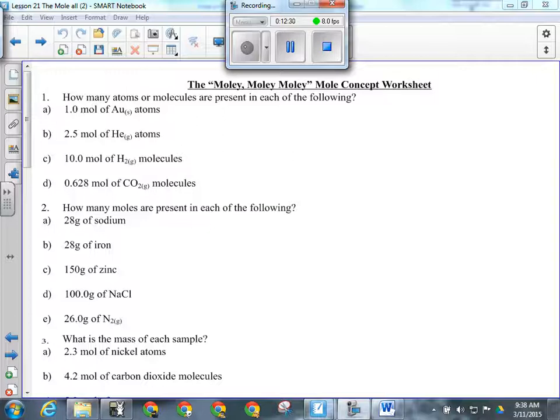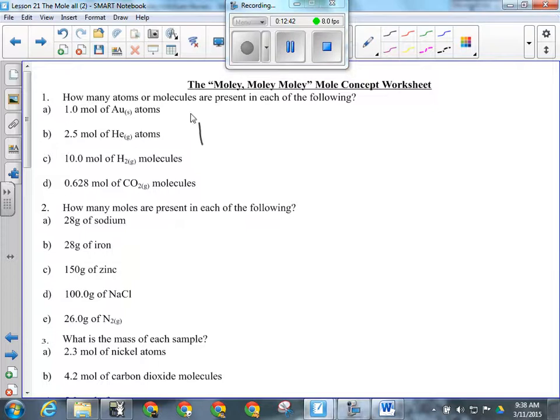Okay, just listen up here, guys. I've had a number of questions on 1B. When you do the calculation here for the number of atoms of helium that are in 2.5 moles, it comes out on your calculator as 1.505 times 10 to the 24 atoms. And people are wondering, why does it suddenly bump up to 24 when Avogadro's number is 23?